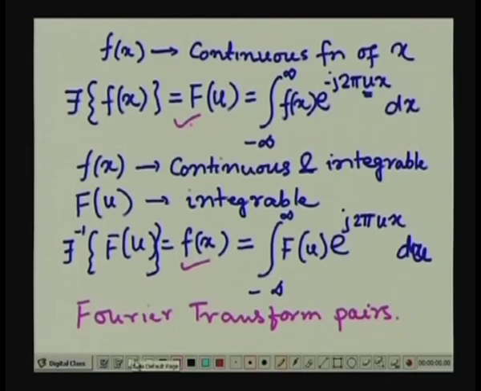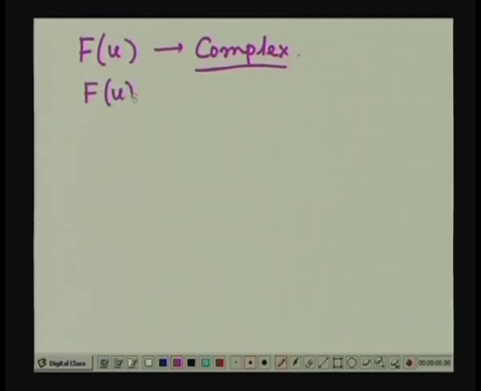So, in general the function F(u) is a complex function, and because F(u) is a complex function, we can break it into the real part, which we write as R(u), and the imaginary part, which will be I(u).